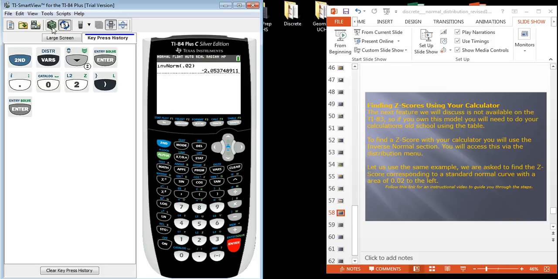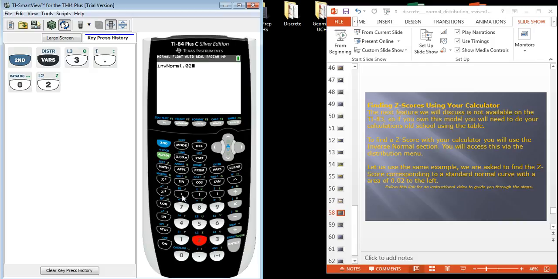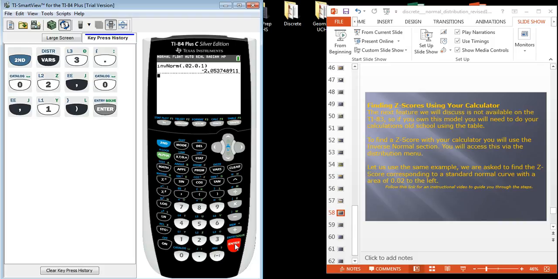If you entered it like this, second, vars, number 3, the inverse normal, the area under the curve is 0.02, then a comma, and for mu we enter 0 and another comma, and the standard deviation, sigma, will be 1. Close the parentheses, and we see we have the same answer.